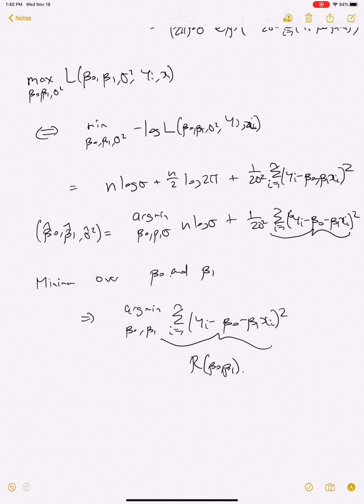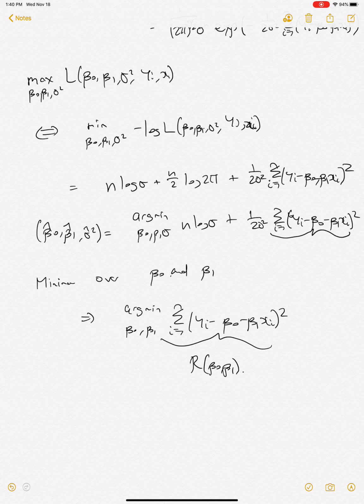If that last step's a little bit confusing, of how you get rid of the sigma, just go through the steps yourself of taking derivatives with respect to sigma and beta 0 and beta 1, and you'll see that you can ignore those sigmas, because once you take the derivative with respect to beta 0, that first sigma term goes away and the sigma squared here just becomes a constant.